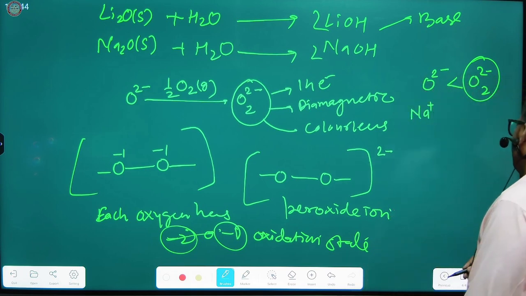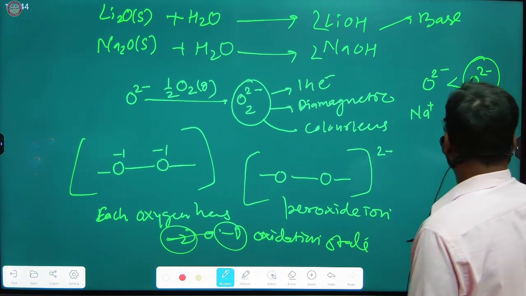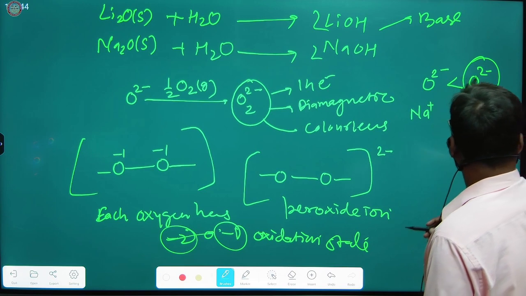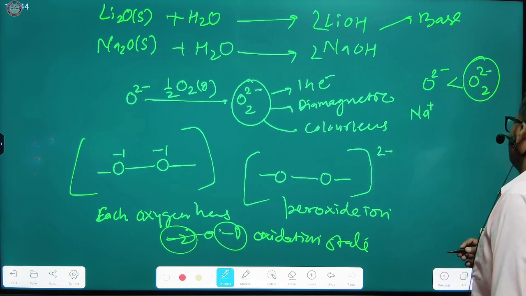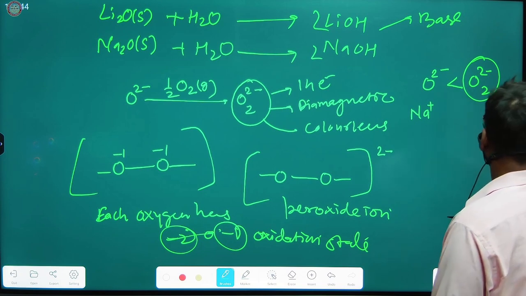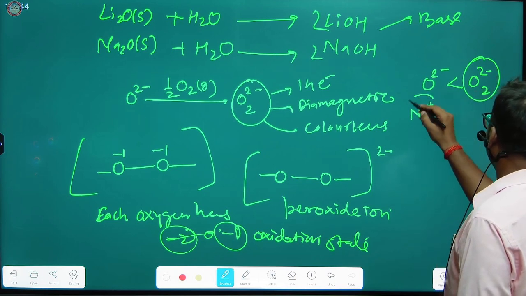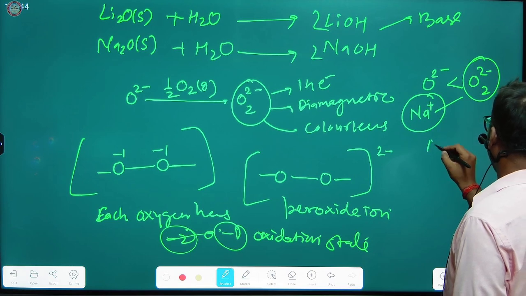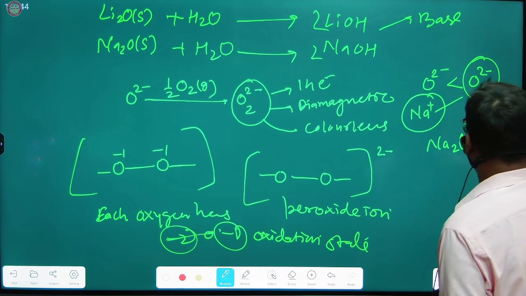Sodium has low charge density compared to lithium, so it creates a low positive field and will not attract the oxide ion. Rather it attracts peroxide, which has more oxygen as compared to the oxide anion. So it reacts with oxygen and Na2O2 forms in the solid state.